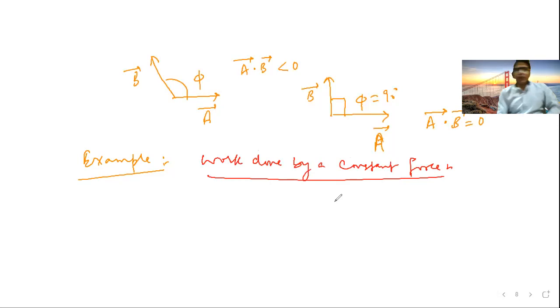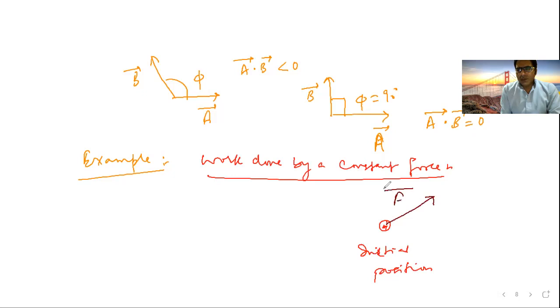So when I say force is constant, that means its magnitude and direction both are constant during the displacement. So if this is my particle, it is its initial position. Now some force acts on it, represented by this arrow F. Now it displaces it to its final position. It is final position.